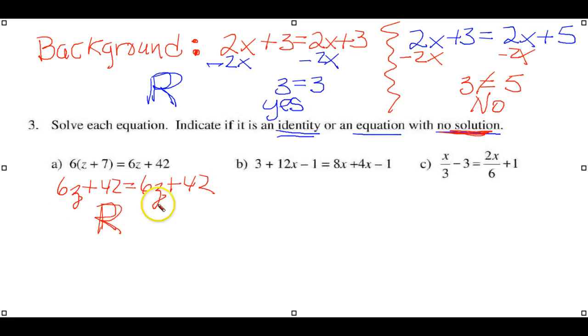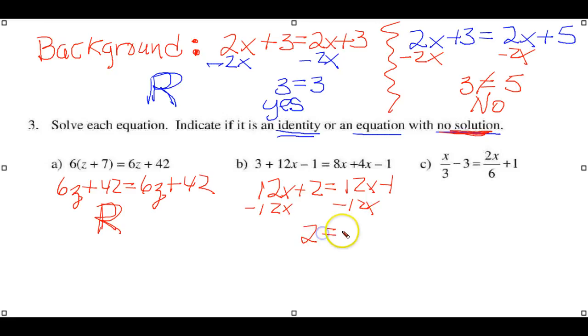It's an identity. Now, how about this one? We're going to group like terms. 12x plus 2 equals 12x minus 1. Now, when we subtract out the 12x's from both sides, we get 2 equals negative 1. Is that a true statement? No. So for this one, no solution.